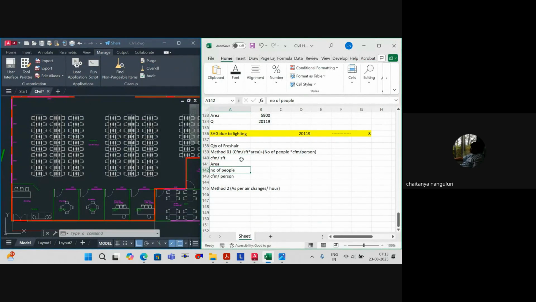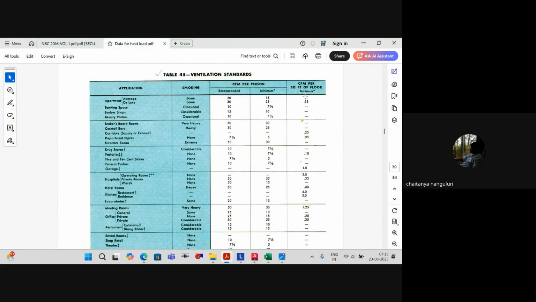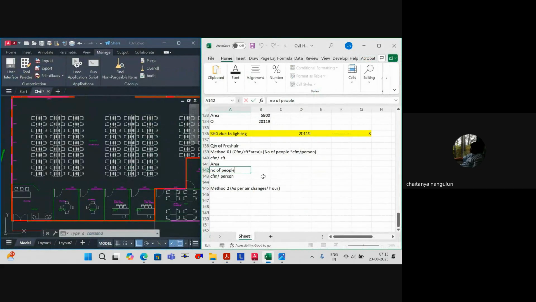On page number 30 you get CFM per person as well as CFM per SFT of floor. Both we will get from page number 30.